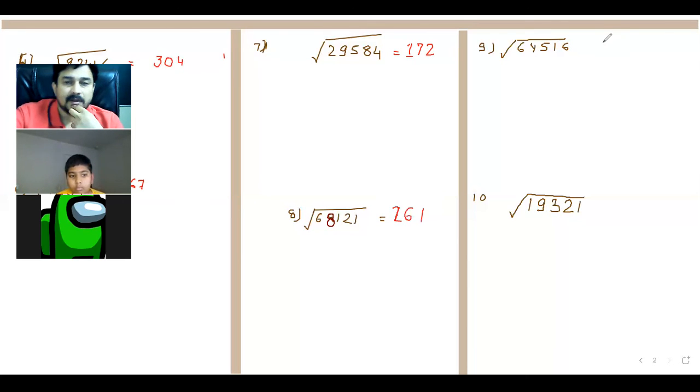Shashidhar, tenth answer also correct. Very good. Aditya, all answers correct. Christopher, now waiting for your answers ninth and tenth.